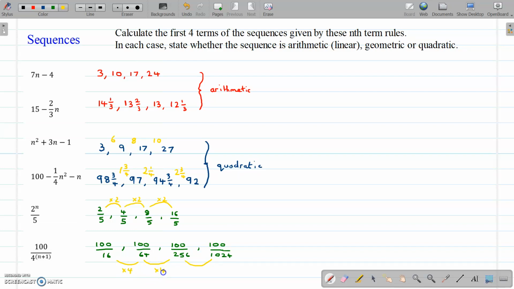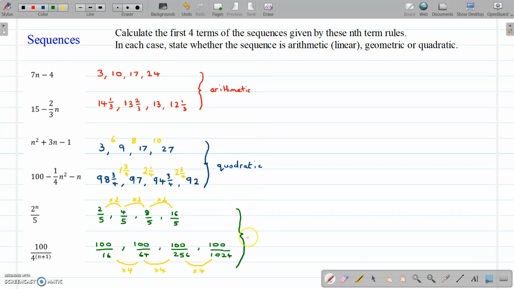Because if you increase the denominator of a fraction by 4 times, you make the value of the whole thing a quarter of what it was before. So basically, you're dividing each term by 4 to get the next one. That's what it actually means. So those last two are both examples of geometric sequences.